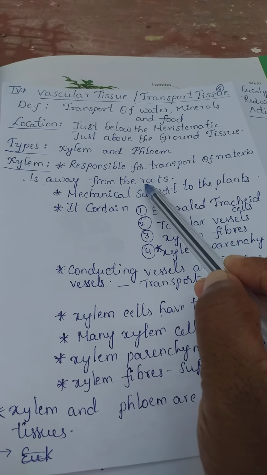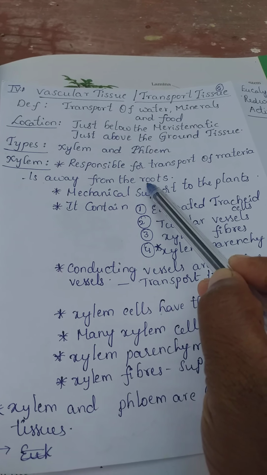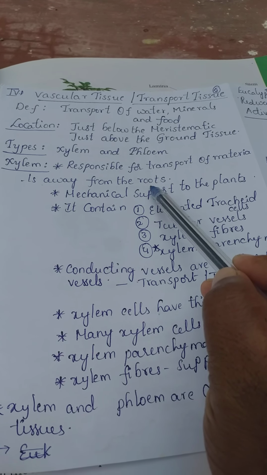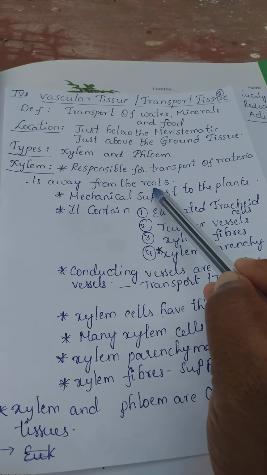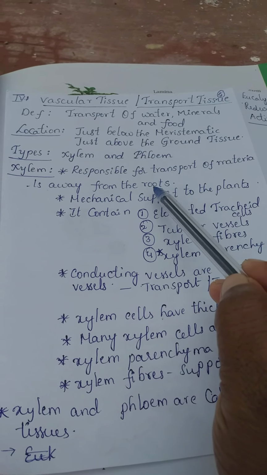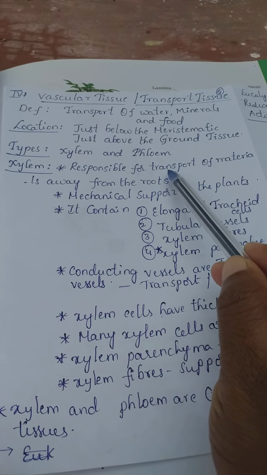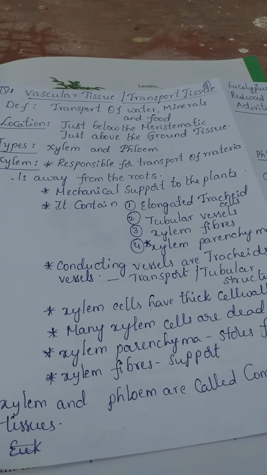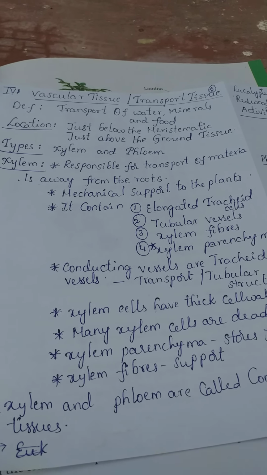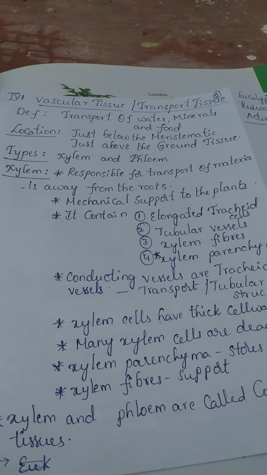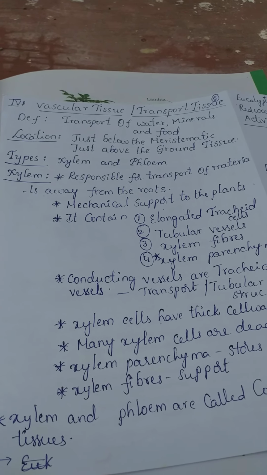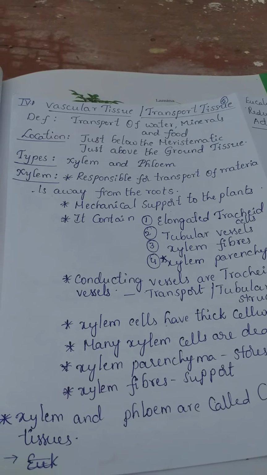For example, when you water the plant, the roots immediately absorb the water and minerals from the soil in the form of soil solution. From roots they go to stem, from stem they go to leaves and different parts of the plant. Without xylem there is no transportation of water and minerals.